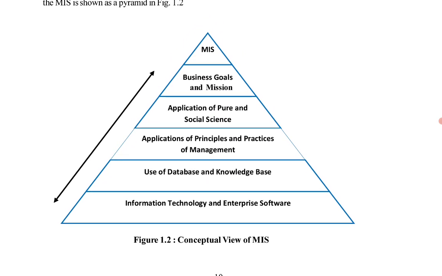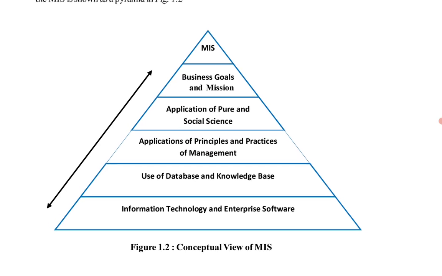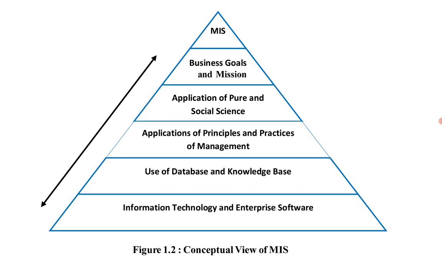So this is another diagram of the conceptual view of MIS. Generally, to understand the working of an MIS, this diagram is very useful. At the top of the organization, generally MIS is one of the components.